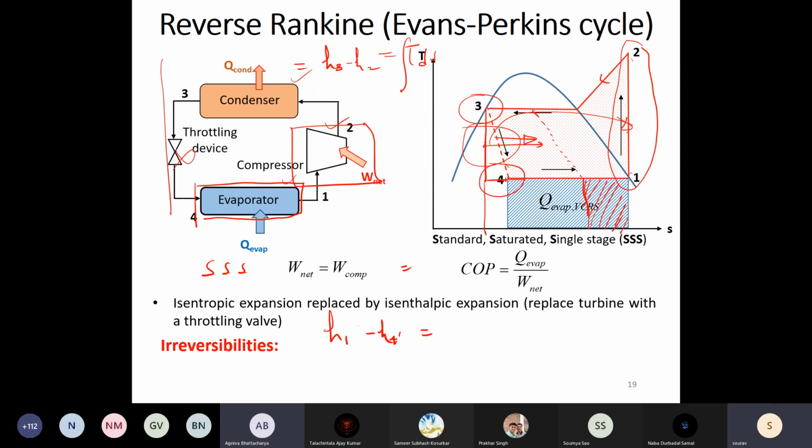And what I am telling you is, from the practical scenario, it does not make sense, especially for small systems, even for medium scale systems, to have a work producing device in your AC or your refrigeration system.